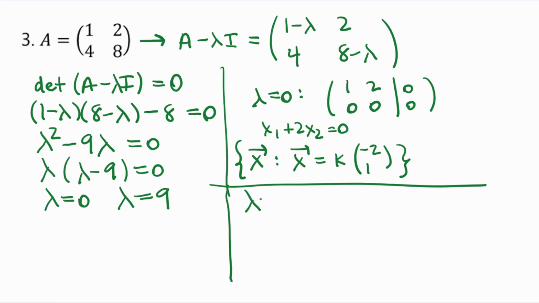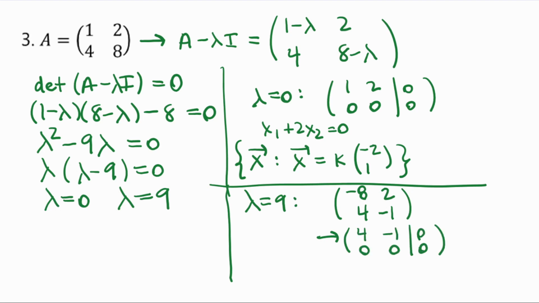For lambda equals 9, I'm going to be interested in the null space of A minus lambda I. So 1 minus 9 is negative 8 and 2, 4, and 8 minus 9 is negative 1. If we were to row reduce this, I think I might add 2 of row 2 to row 1, and that would just be the thing I'm going to use.